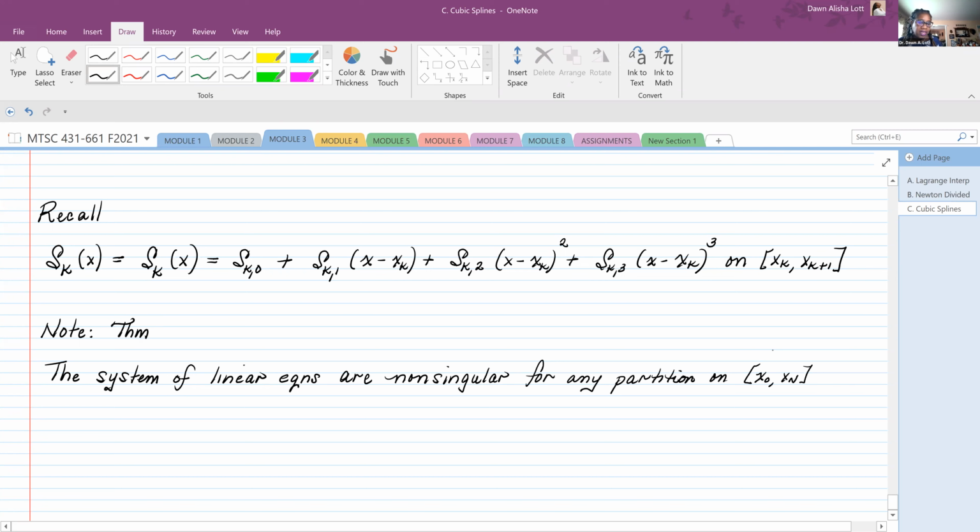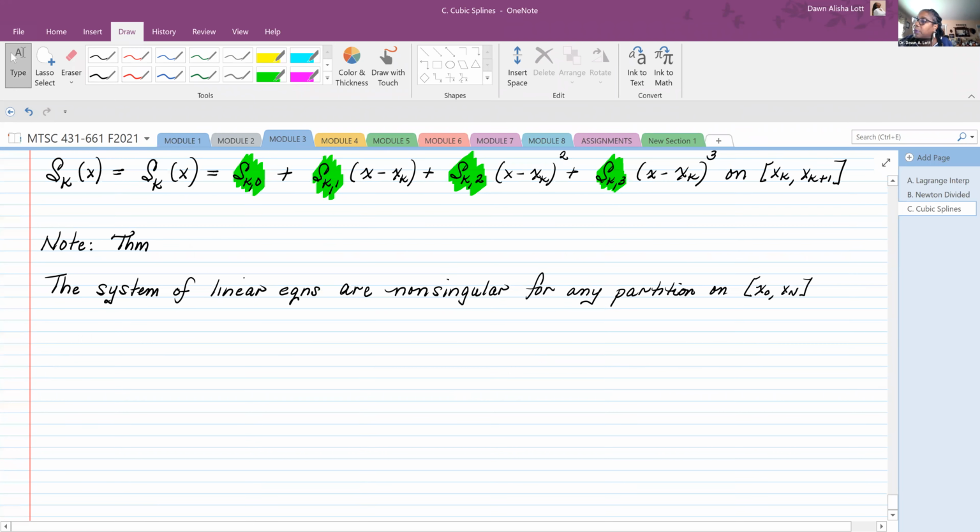All right, so the only thing that's left, we got to solve for these. This one we know. We still have to solve for this one, that one, and that one. So we're almost done. So Sk of xk is Sk0, and that's yk. Yay, one's easy. Sk prime of xk is Sk1.